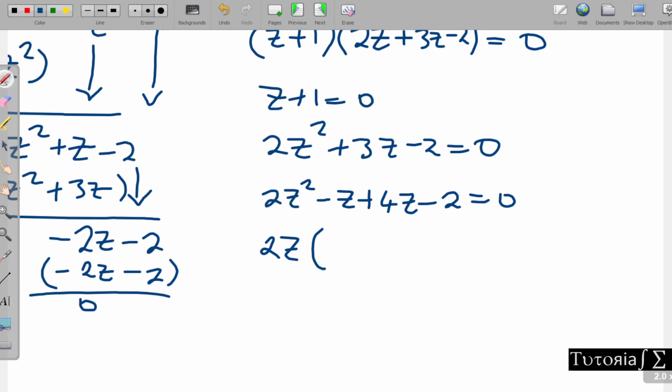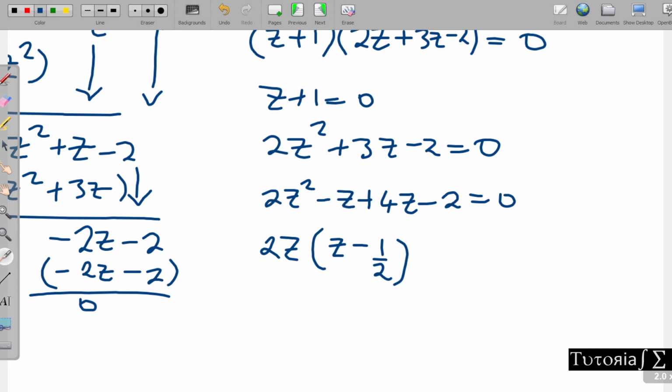So you factor out 2z, then you're going to have z minus 1 over 2, because when you distribute this, it should get you back to that.